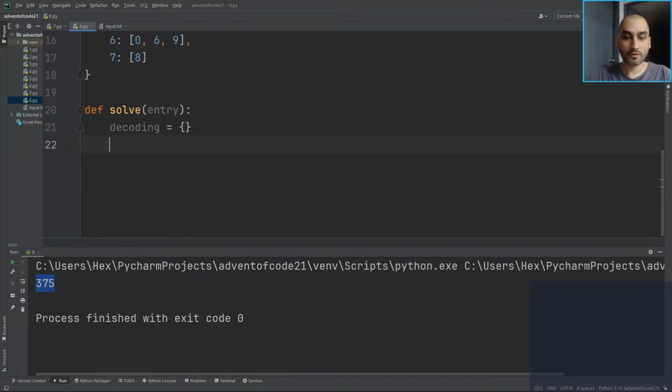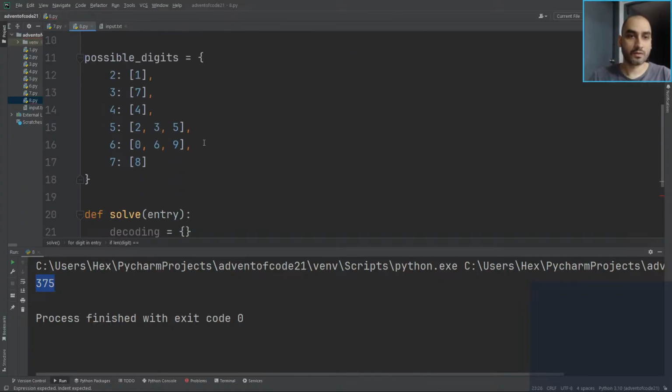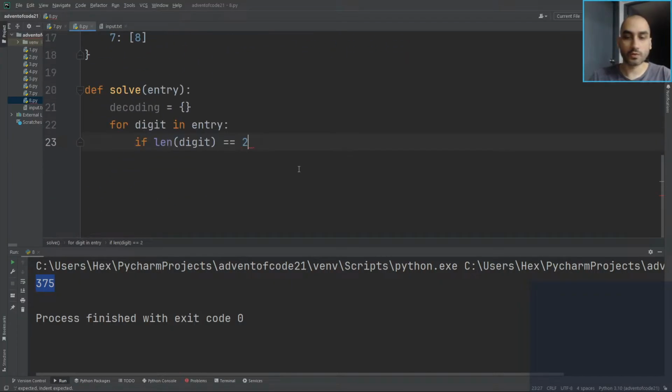Okay, so for digit in entry, if length of digit equals 2, then decoding is 1.